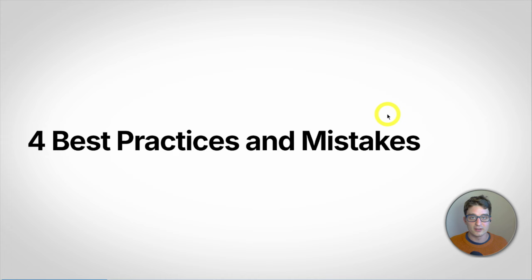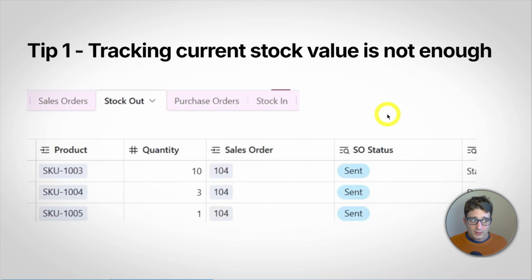I think all 4 of these are going to be crucial for a successful inventory management implementation. The first one is that tracking the current stock value only is a mistake.